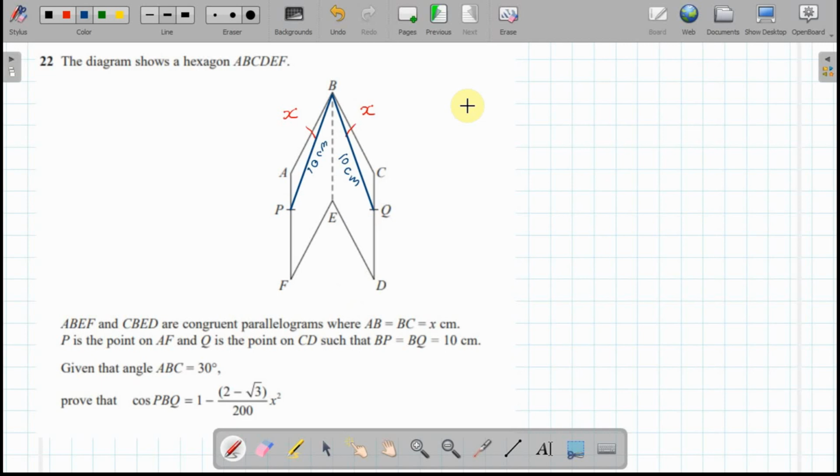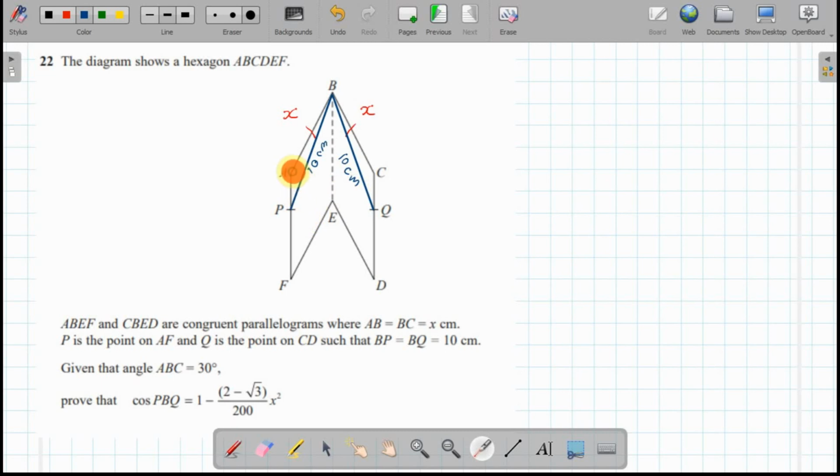Before we do anything else, the question says that the two parallelograms are congruent. To find the area of any parallelogram, we multiply its base with its perpendicular height. Since they are congruent, the base is the same and the perpendicular height is the same.